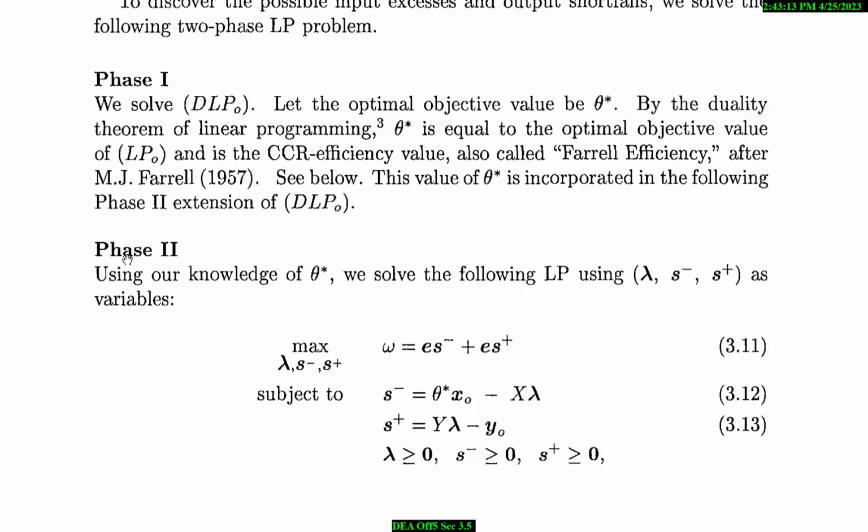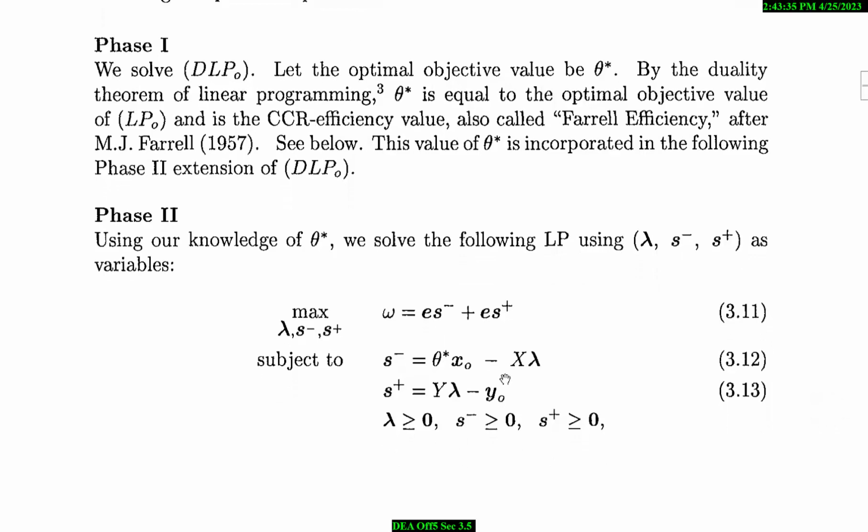We had two phases to evaluate the DMU, first solving the DLPO and then maximizing the summation of the slacks in the region of the optimal solutions, in the region that was the set of optimal solutions of the first phase.